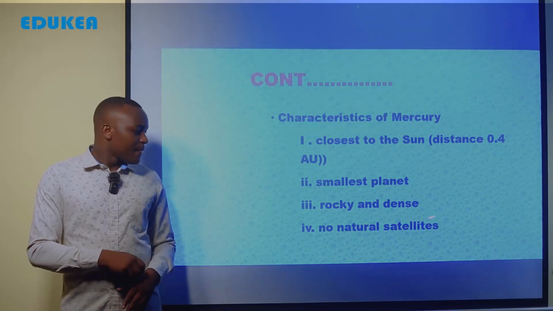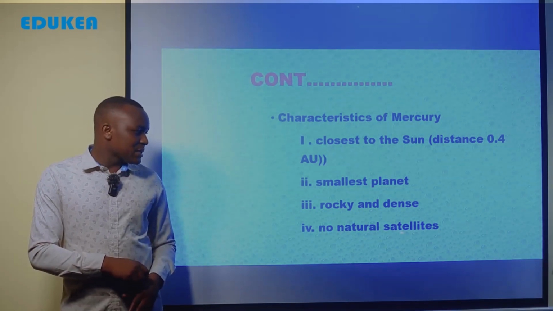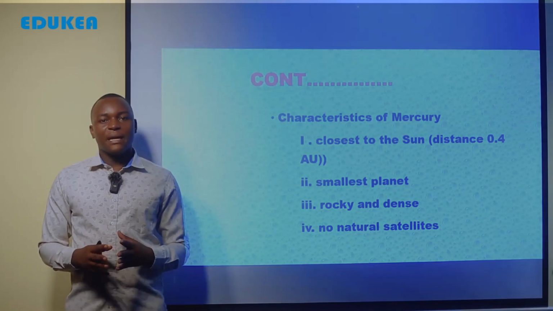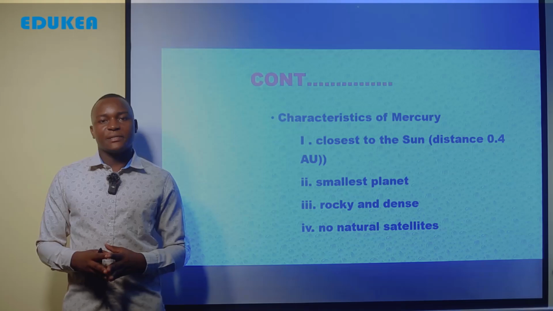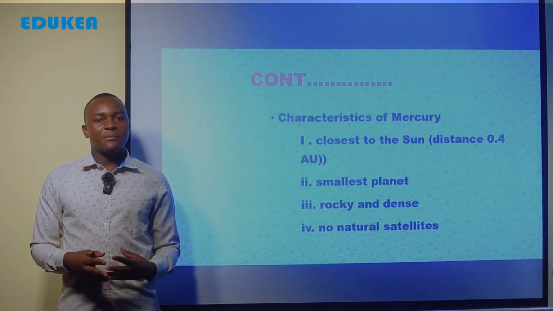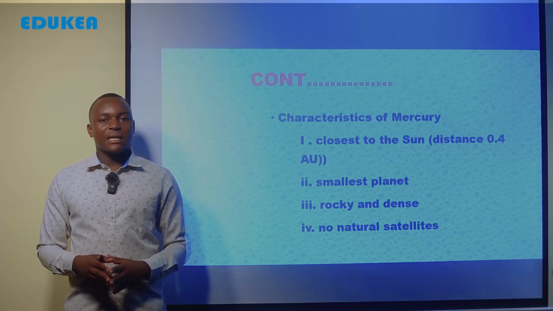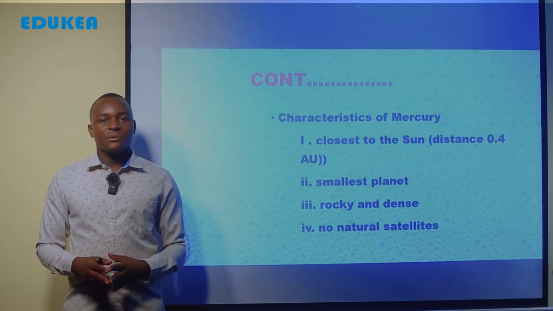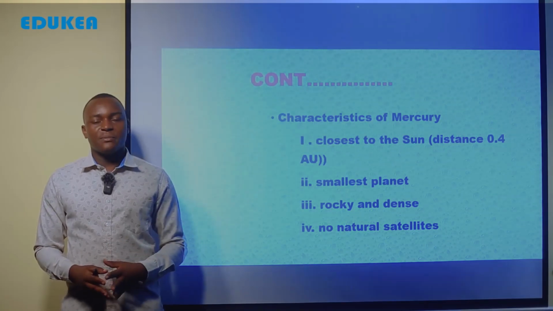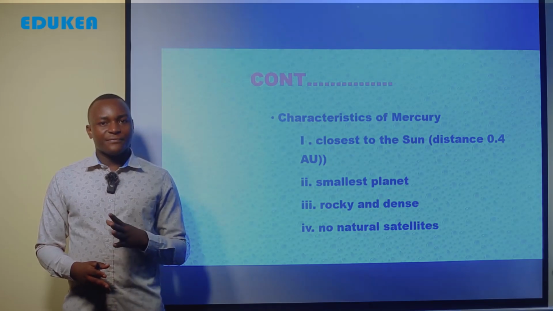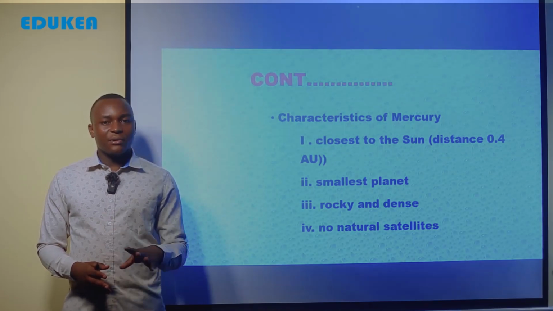Also, no natural satellite. Mercury has no natural satellite. In the last session we talked about satellites, and there are artificial satellites and natural satellites. Artificial are those that are man-made, and natural are those that are always there.